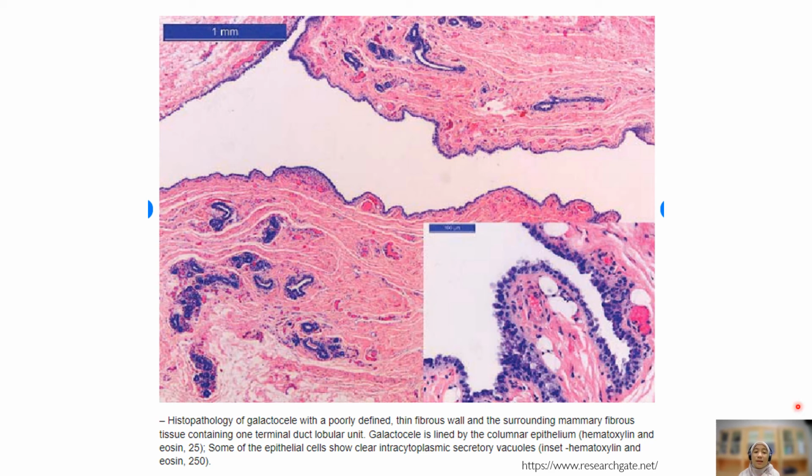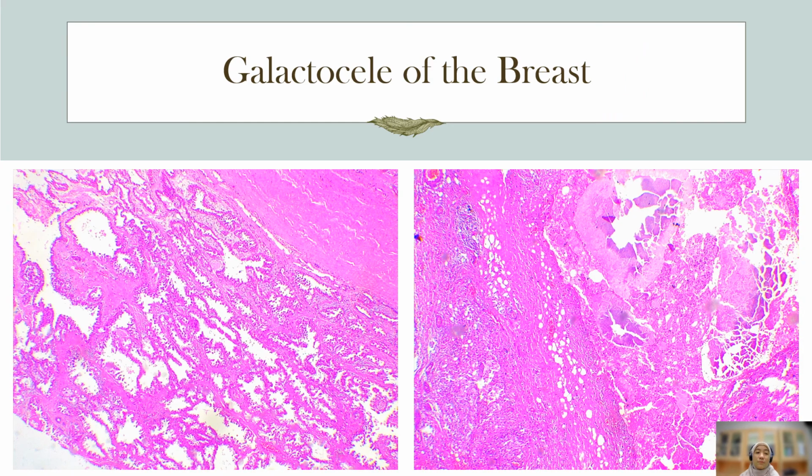On the inside, we can see the surface epithelium of mammary gland. These pictures are from our lab work microscopic specimen. Here we can observe the secreting mammary glands that produce breast milk. The glands look tortuous.